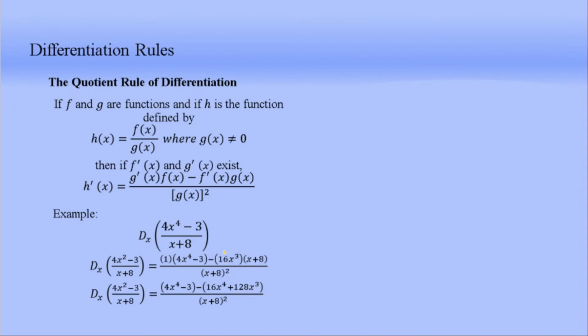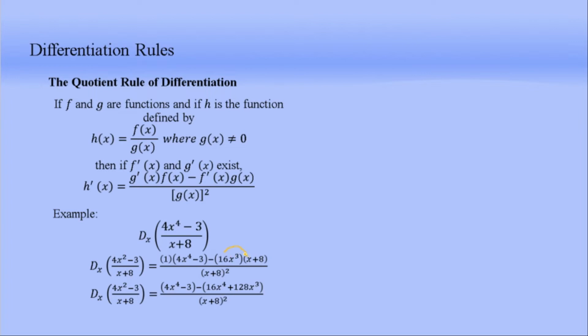We're going to multiply 16x squared to this term, so times 8 times x. So it will be 16 times 1. There's always a 1 there. So it's just going to be 16, and then for the x variable, we're just going to add.